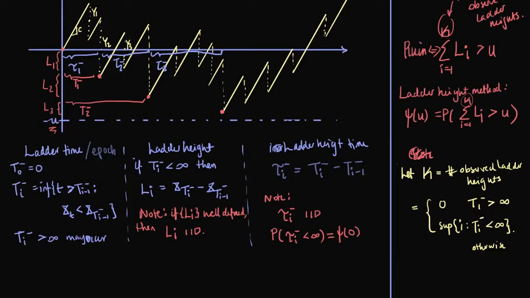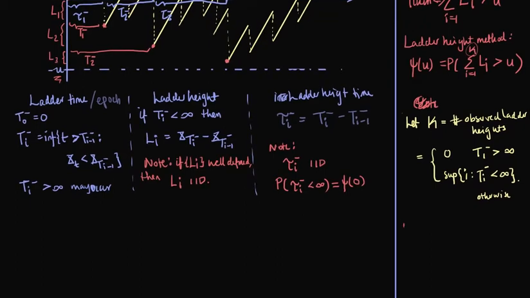What you can note here is that K is a stochastic variable that depends on the ladder times. So if you want to say something about the distribution of K, you will have to say something about the distribution of the ladder times. Now, one more thing, which is also a useful observation, a useful note, is this.